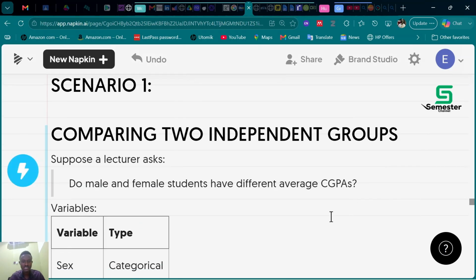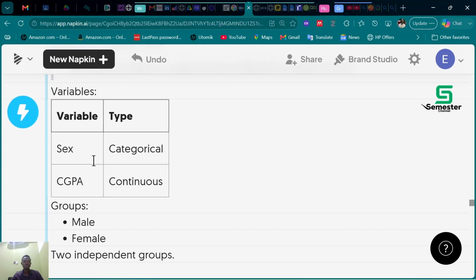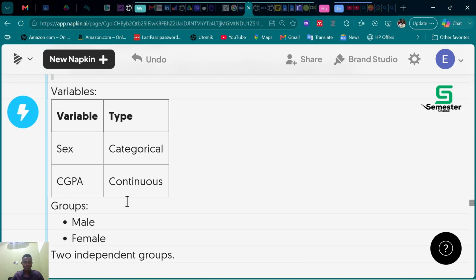So let's use an example, one scenario. With this one, we are looking at comparing 2 independent groups. Suppose your lecturer asks, do male and female students have different CGPAs? Sex is a categorical variable, male or female. CGPA is continuous because they are numerical.